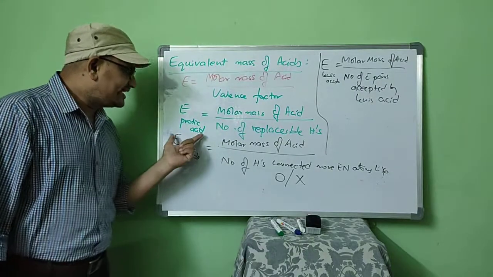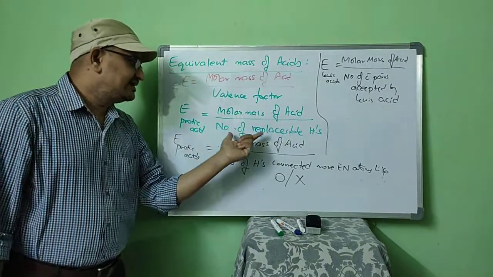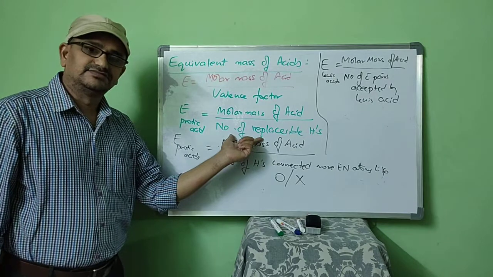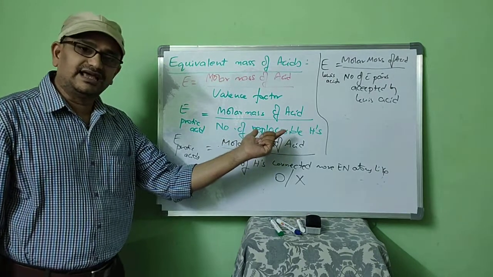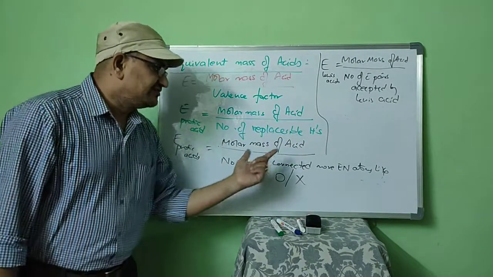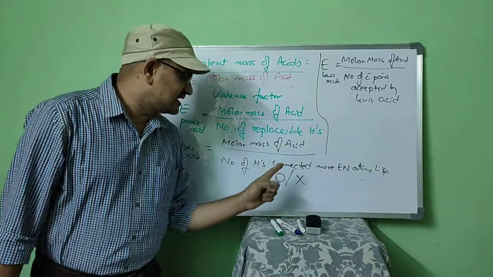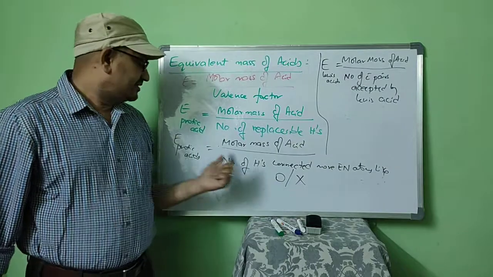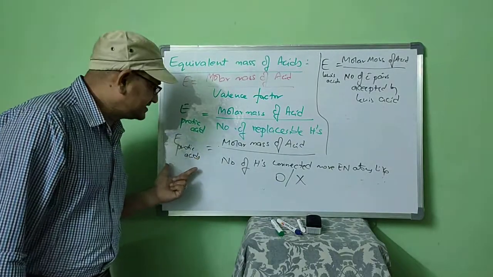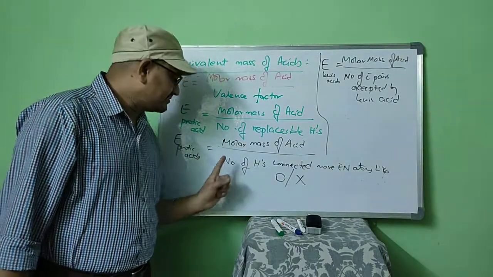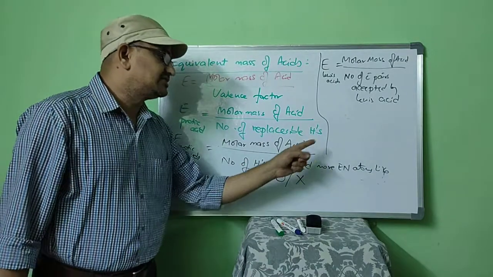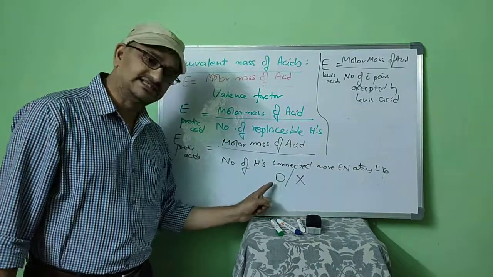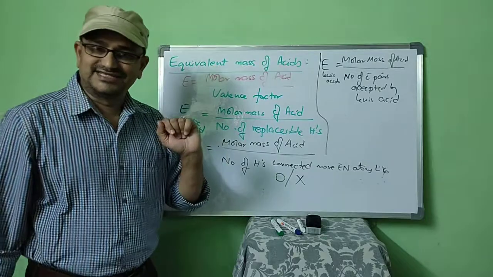So for protic acids, molar mass by number of replaceable hydrogens. Which hydrogens are replaceable again? Those hydrogens which are connected to electronegative atoms like oxygen or halogens. You should remember this point. In case of a protic acid, valency factor is nothing but the number of hydrogens connected to more electronegative atoms like oxygen or halogens.